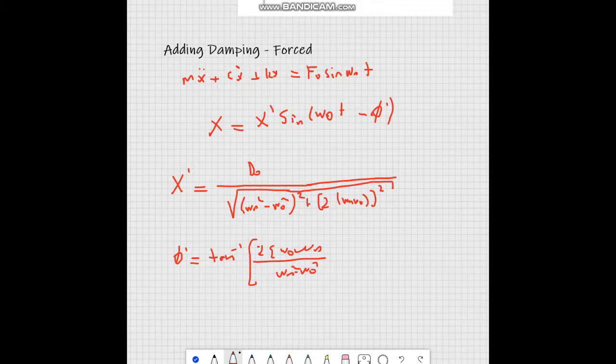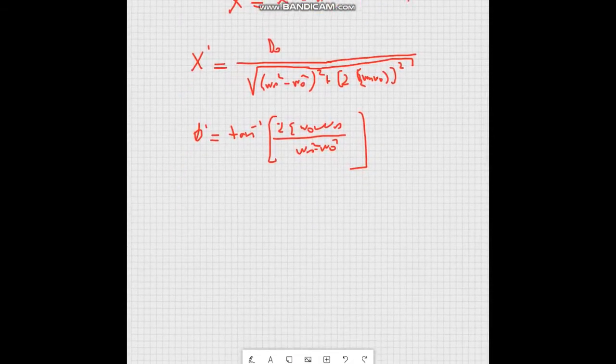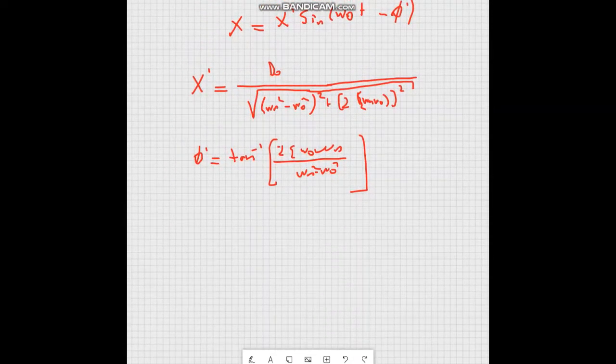This is minus. Here also we wrote 2 psi omega n omega 0. So you just need to write this phi prime and x prime into this form, and you will have the solution of this forced damped ordinary differential equation.